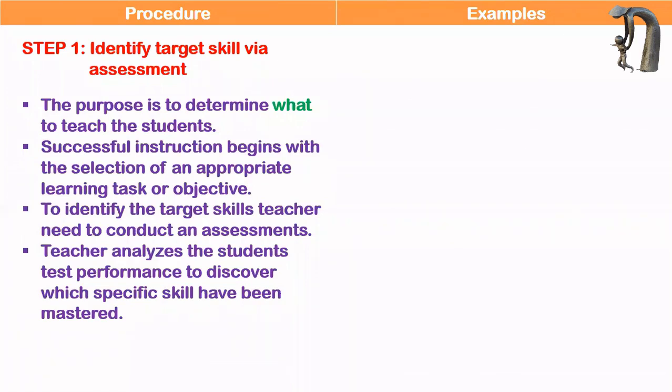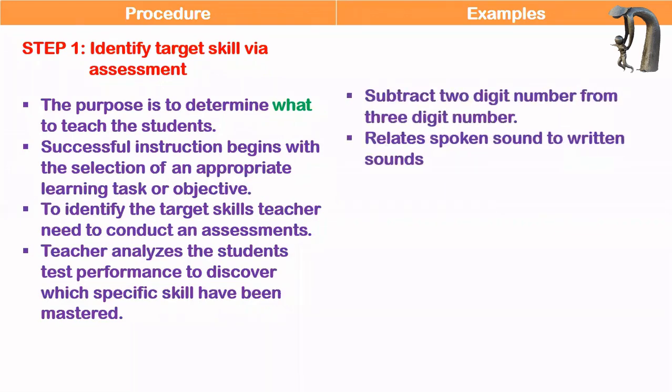That is the first step, where you identify the target of a specific subject. It might be English, mathematics, EVS, or any other social skills. You need to identify the target which you need to teach. For example, subtract a two-digit number from a three-digit number.